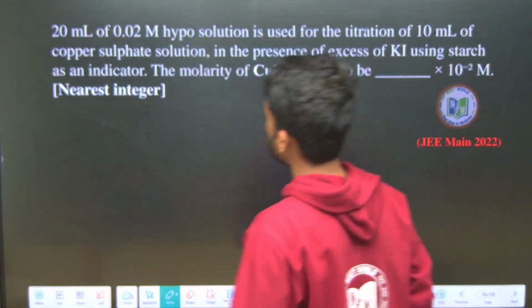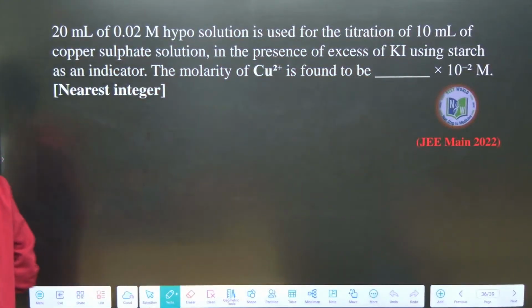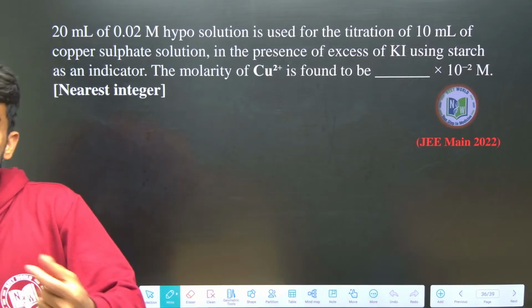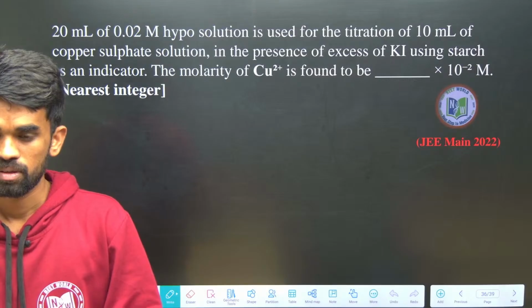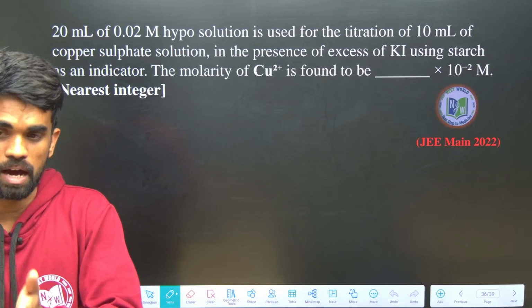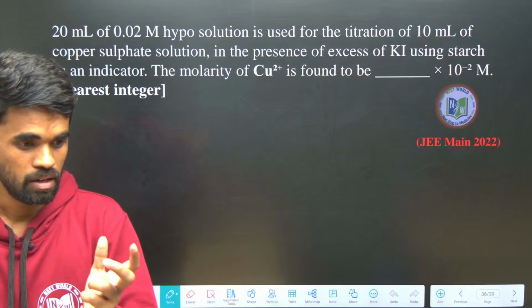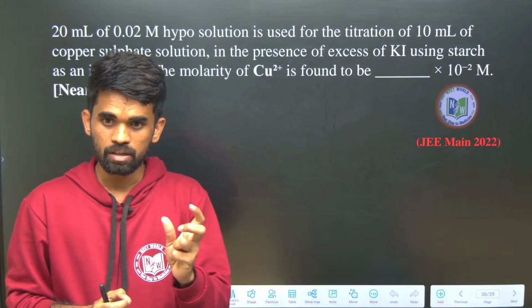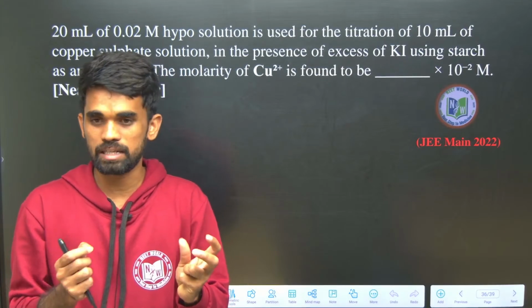Look at this question. The starch is used as an indicator of what? It will show the color change, like iodine, like blue color. You can just observe this: take one potato at your home and add some salt. Which salt?